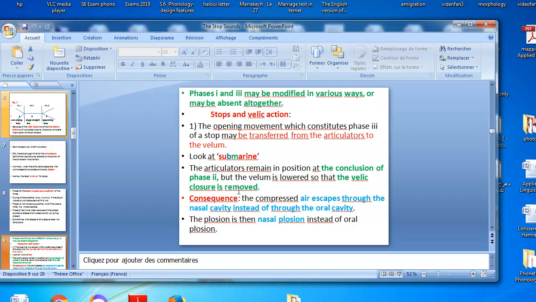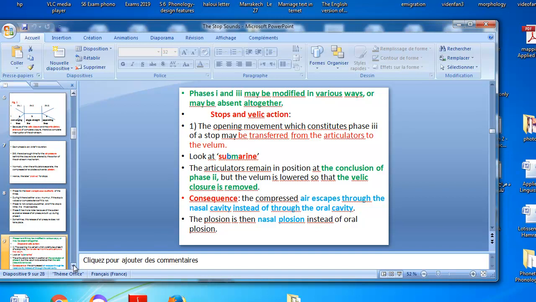So we are going to have Velic opening, because we have got a nasal sound following B. What is the consequence of this? The compressed air for B escapes through the nasal cavity instead of through the oral cavity. The plosion is then nasal plosion instead of oral plosion.